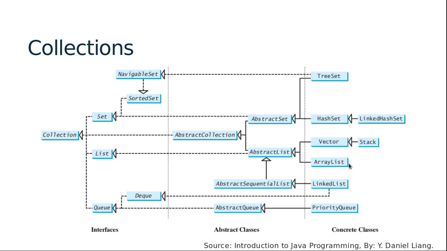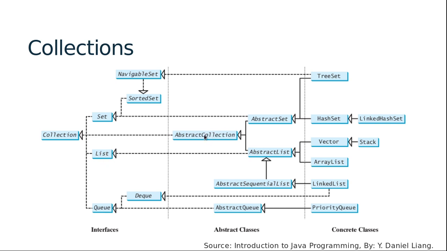If you look here, ArrayList is a concrete class. In an earlier unit you have seen the ArrayList class and a few of its methods. But this is the concrete class which actually extends the AbstractList class. AbstractList is an abstract class which has a few methods and properties. This abstract class extends the AbstractCollection abstract class, as well as implements the List interface.